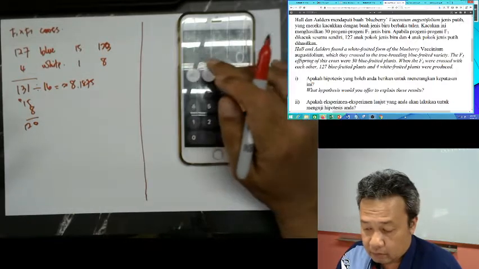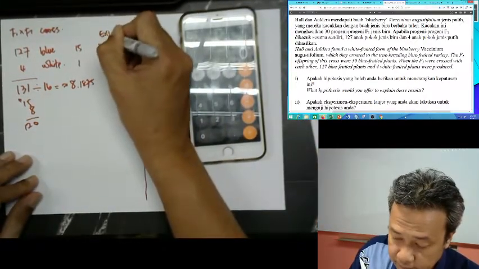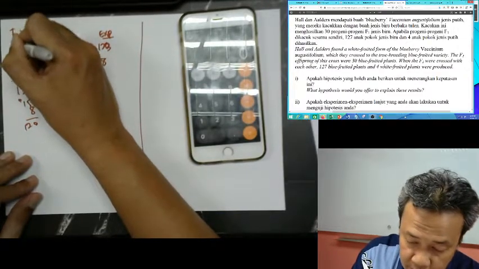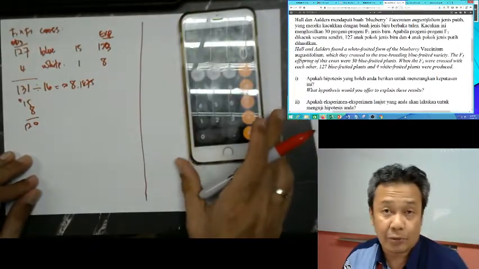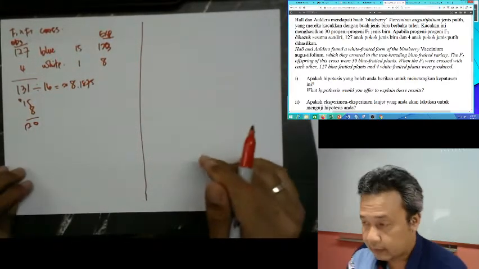So then this will be your expected number, and this will be your observed, and then you can do a chi-square test, right? So how does this work?